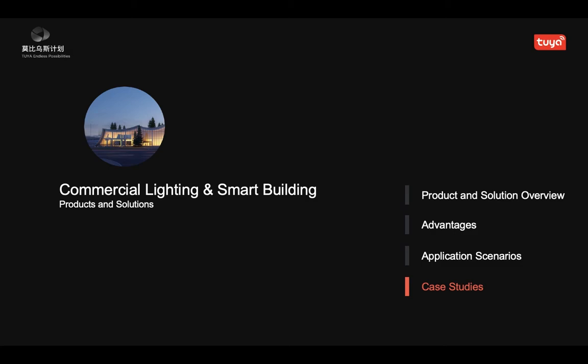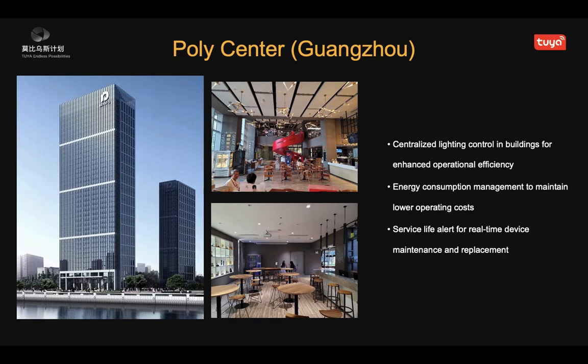At last, let's see some success cases. This is a success case we did in Guangzhou. It is for an office building. The main feature is centralized control, and the client also required us to provide a very detailed power consumption report for the whole building, for every floor, and for every space.